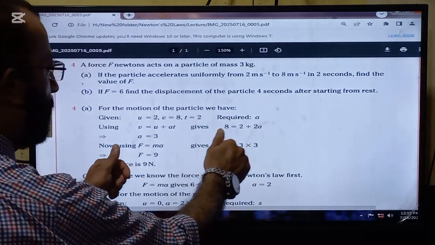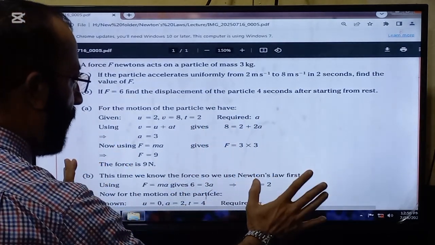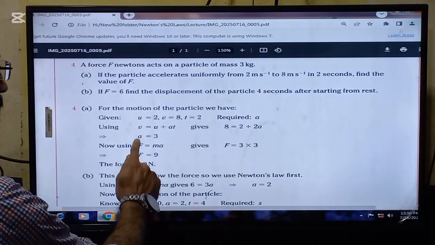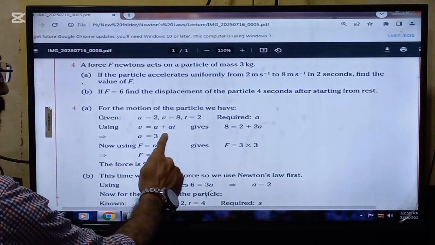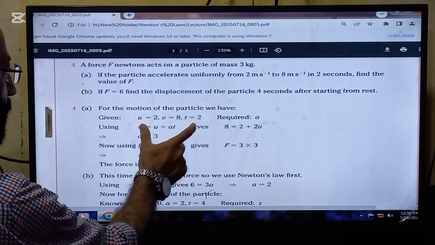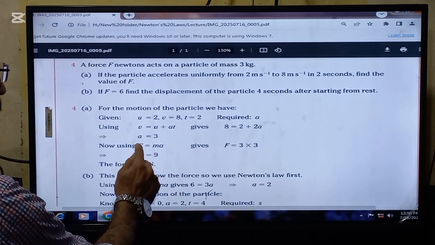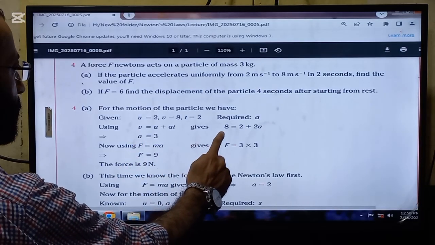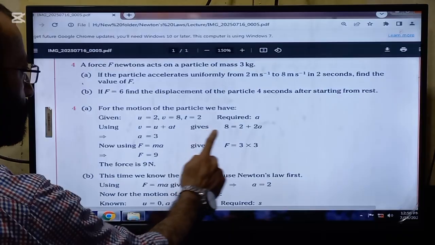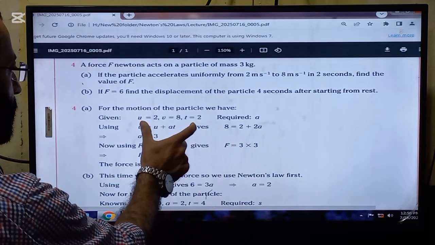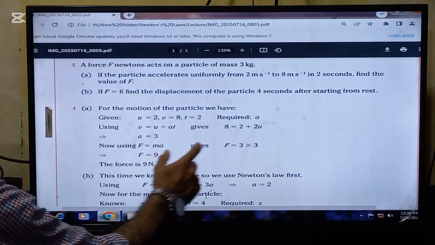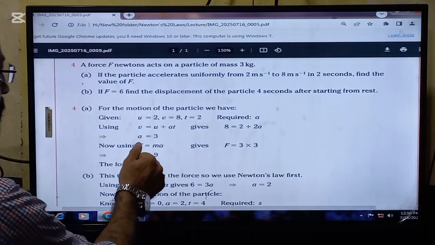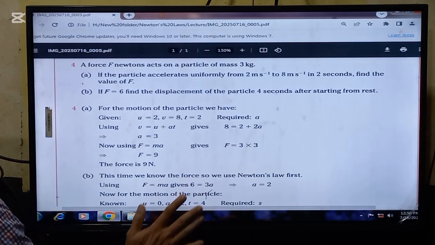First we will find A. So the equation that will be used is V is equal to U plus at. Now these values will be put here, and from here you can find 8 is equal to 2 plus 2A. So these three values will be put in the formula, and from here A will be found out, that will be A is equal to 3.